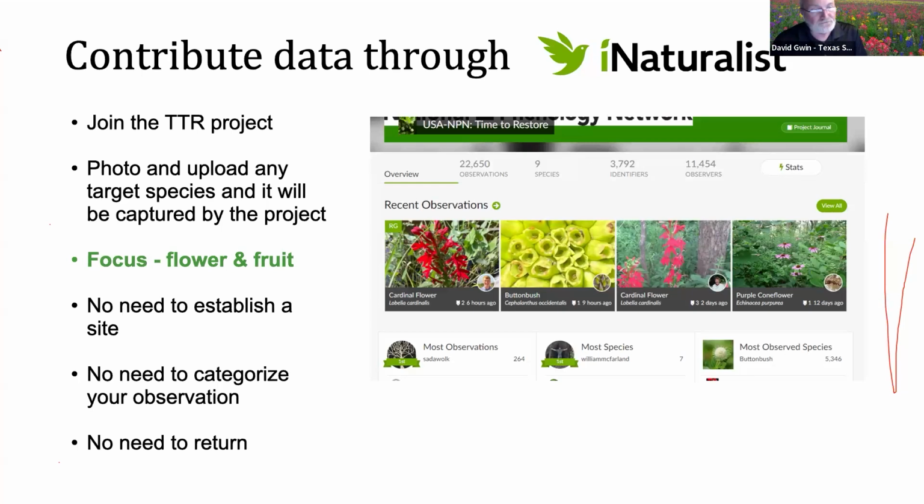If you use iNaturalist, you don't need to establish a site. You don't need to categorize your observation, even though I will tell you, iNaturalist just recently added phenological data to their observations. So under each of the plants that you would potentially photograph and add to your iNaturalist, you have the ability to identify whether a plant was in flower or whether it had fruit on it, but you don't have to do that.